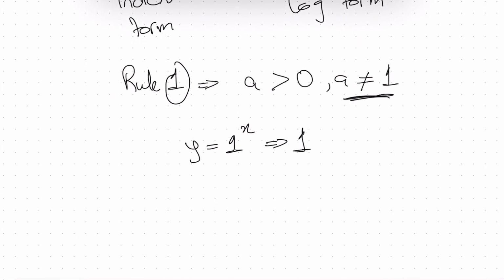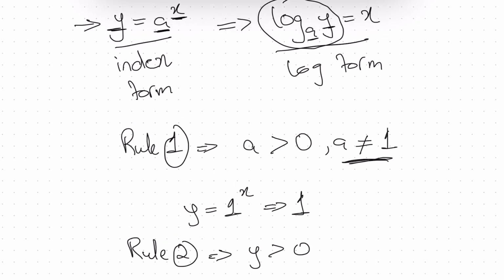The another rule that we have over here is y should be greater than 0. So y should also be a positive value.